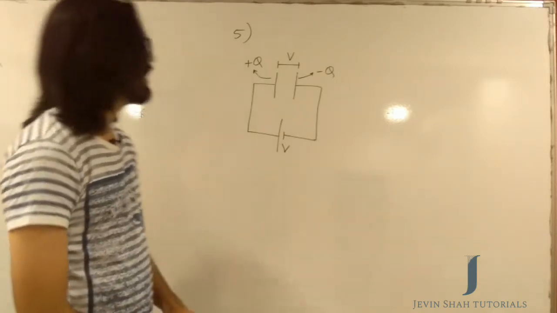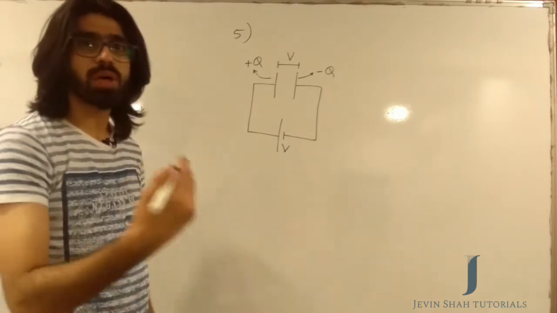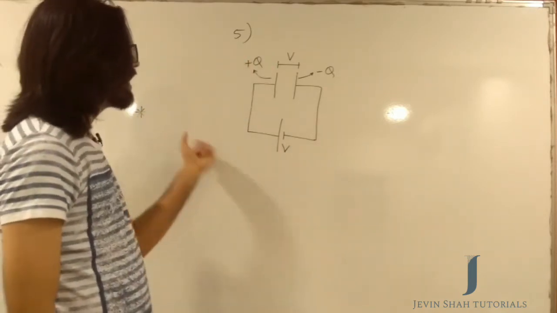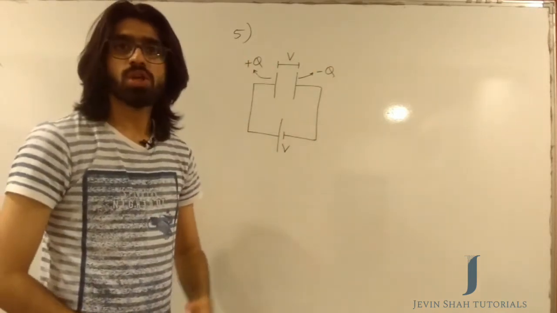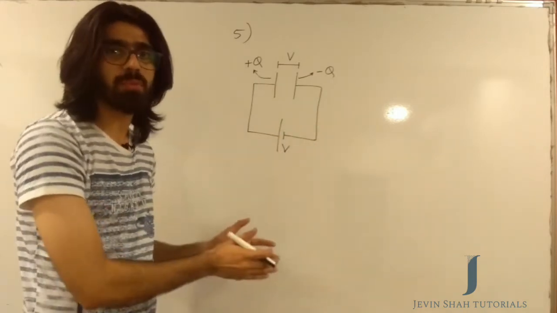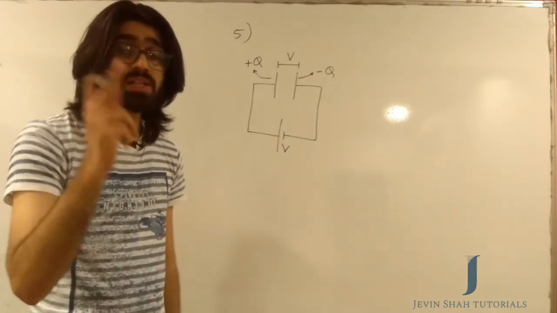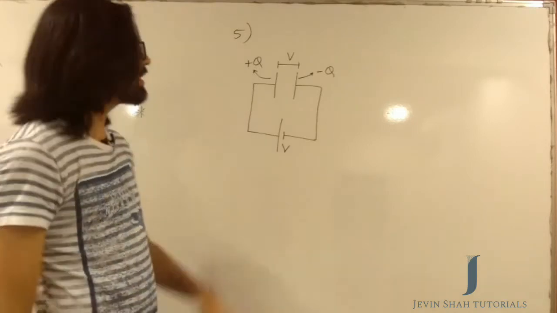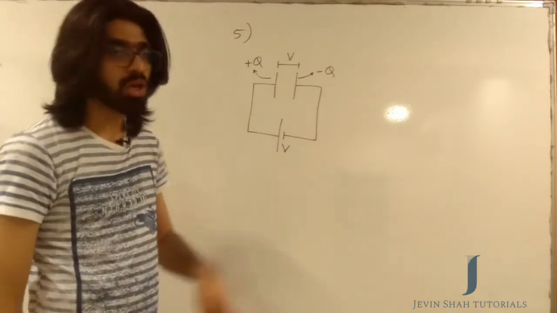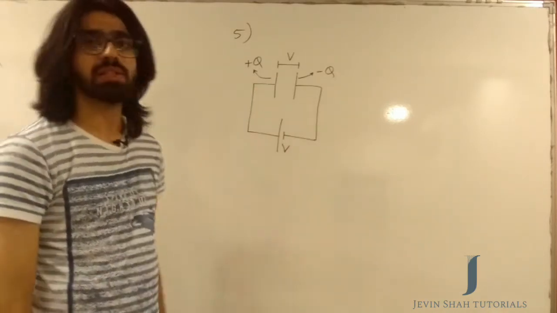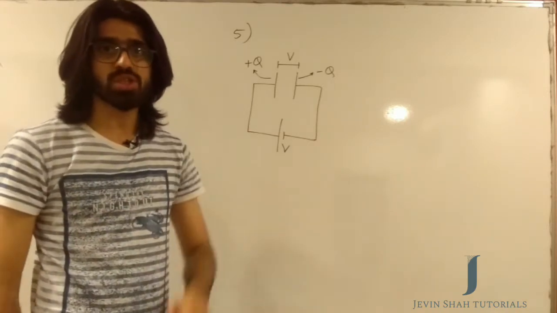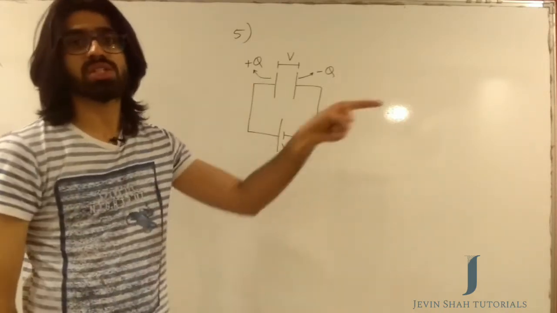For now, I said that the battery does the work of taking charges from one plate and putting them on the other plate. Whenever charges are being taken from one place and put on the other place, there is some work being done, and I said that it's the battery who is doing that work. So the battery is doing work on the capacitor, and that is why some amount of energy is getting stored while you are charging the capacitor.